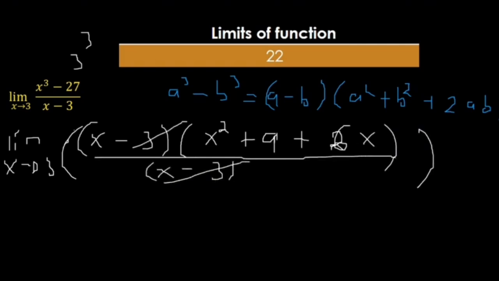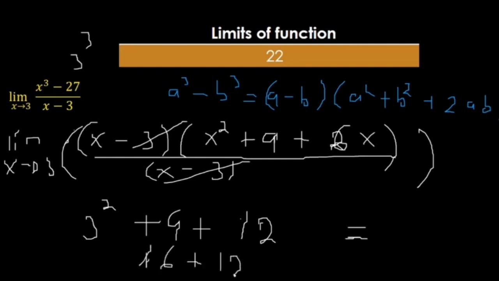This and this will cancel. We are going to be having x squared plus that. We just have to substitute now the value. We are going to have 3 square plus 9 plus 12. 9 plus 9, 16 plus 12, that is equals to 28.